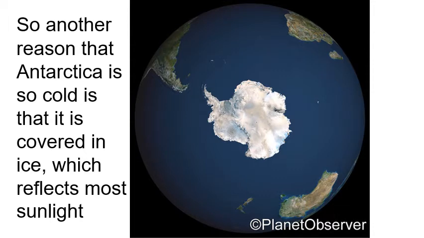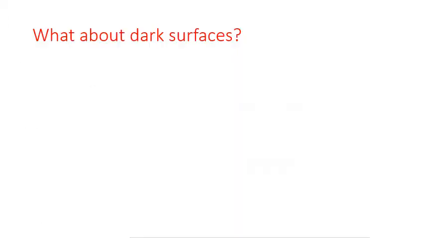So right here at the South Pole, notice you're surrounded by ice. And even if you do get some sunlight, and you don't get a lot at the South Pole, the sunlight you do get, 90% of it is bounced back off into outer space. So you can't help but be cold at the South Pole because the sunlight you get is being reflected by that white ice that has a high albedo.